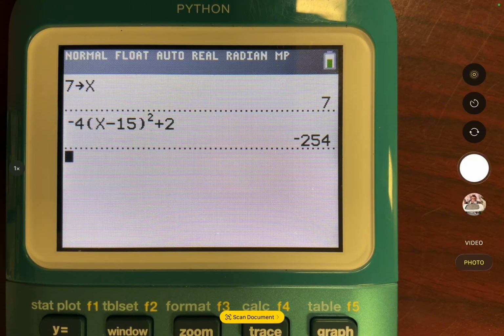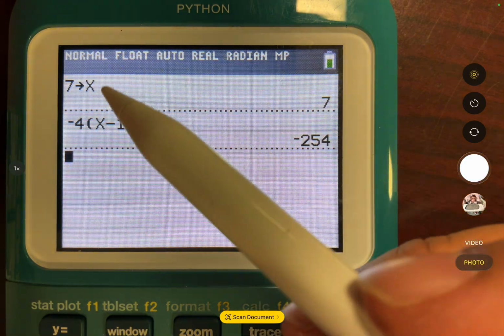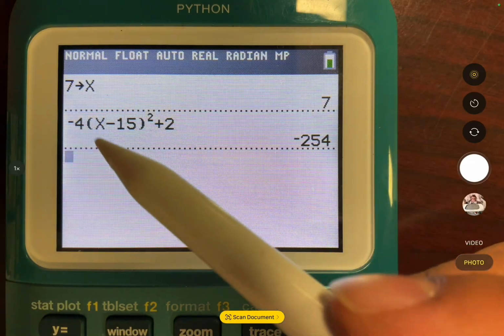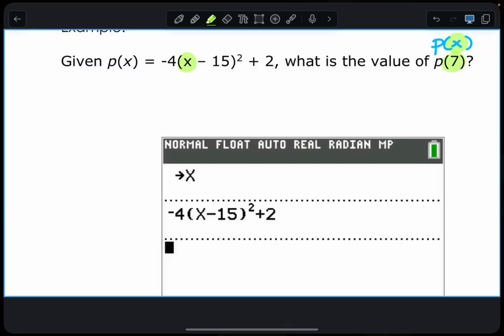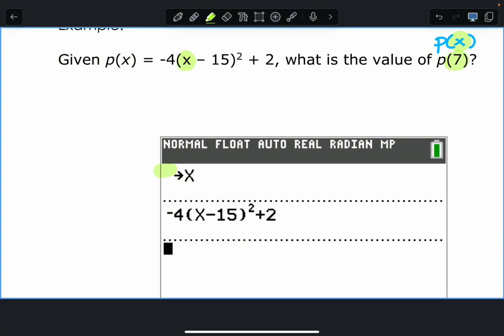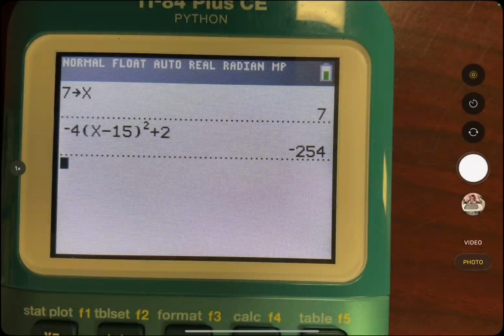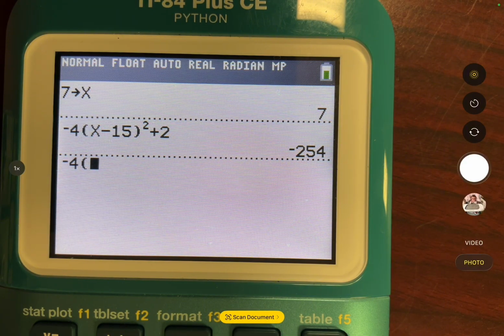With this way, you're telling the calculator to plug the 7 in for you where the x is. So it does the work for you, okay? If I store it, it'll give you -254, and that's your answer. Or you plug it in yourself. So type in -4, 7 minus 15 squared plus 2.